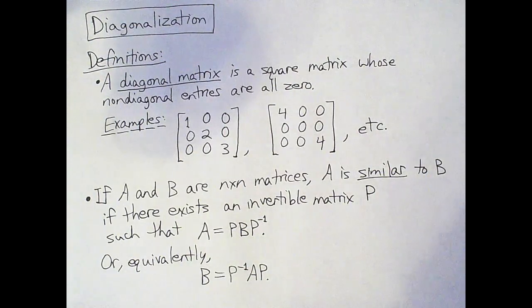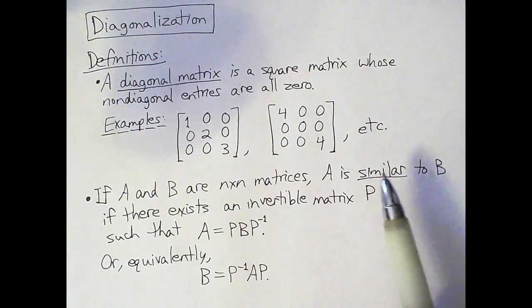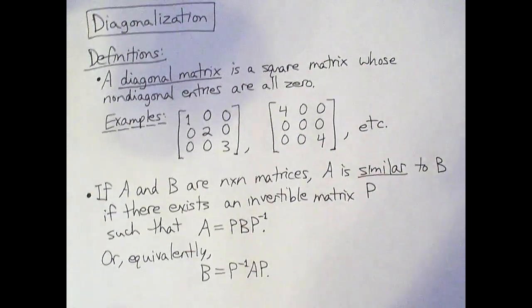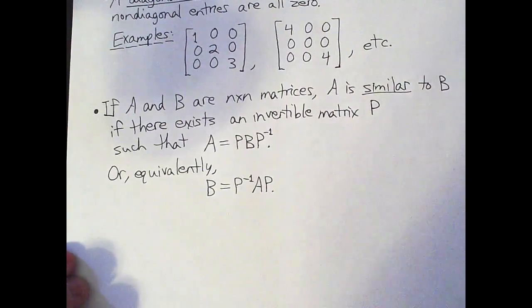Row equivalent is a different concept where you get from one matrix to the other by doing row reduction steps. So we have lots of different concepts of two matrices being related to each other. You could have two matrices that are equal, two matrices that are row equivalent, or now you could have two matrices that are similar. Those all mean different things.